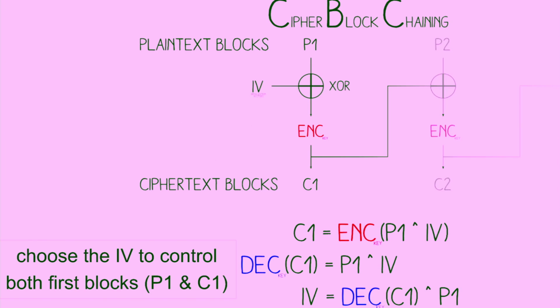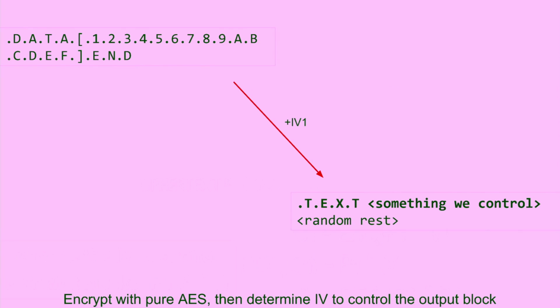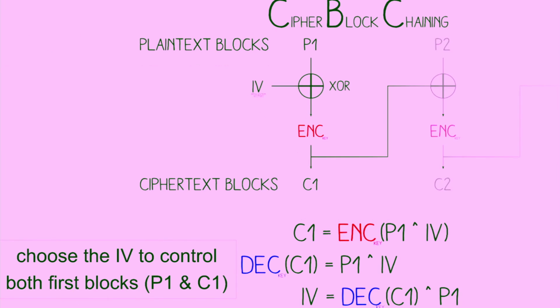So now we can control one block of output, and then the rest, we don't control that anymore. Okay, but at least now we can craft an initialization vector so that the first block is something that makes it valid, and we still have control of something. Now what about the random rest? What comes next, we don't control it anymore because it's a result of AES. We don't control any parameters anymore.